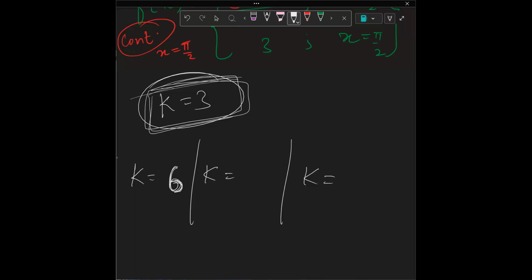Is it k is 6 or equals to 3? 6. Now, Anas, tell me your answer.